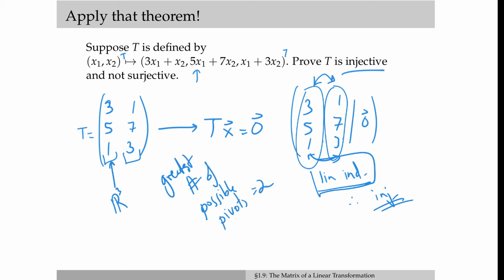How many pivots would I need in order to span all of R3? Well, I'd need 3 pivots. So we're not surjective. And this kind of argument, where I look at the columns and see if they're independent, and I look at the number of pivots and see if they're a sufficient number, is typically how you'll prove something's injective or surjective, or the opposite of that rather.